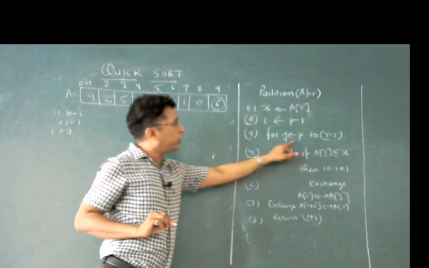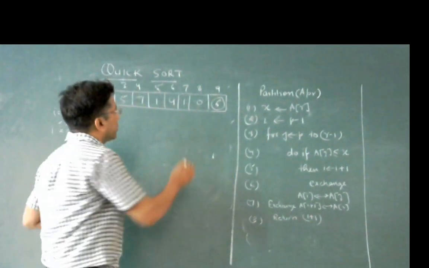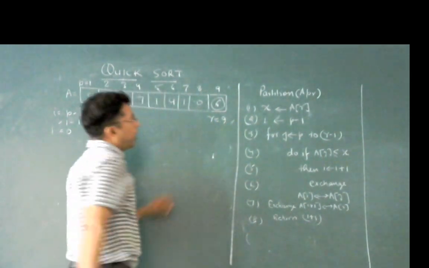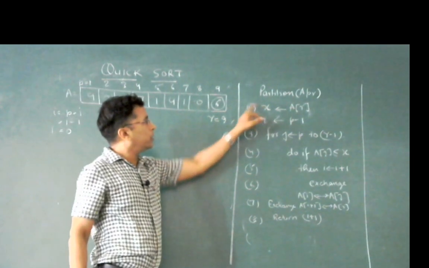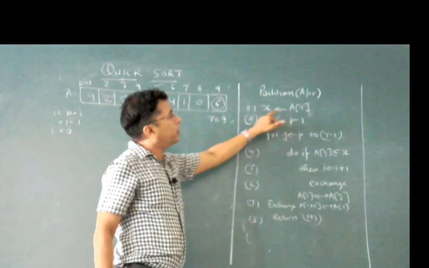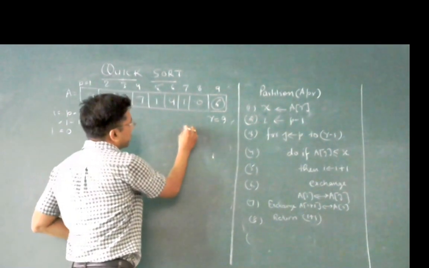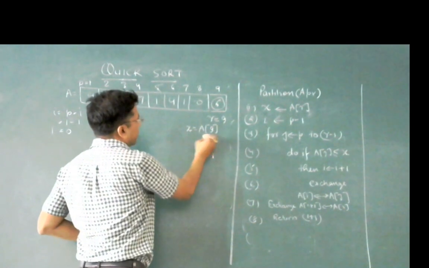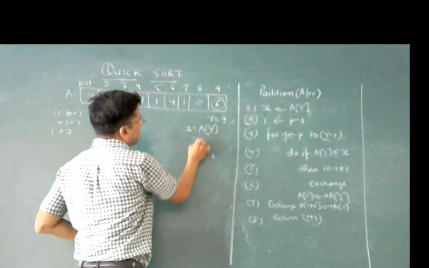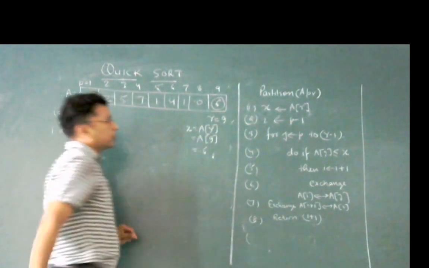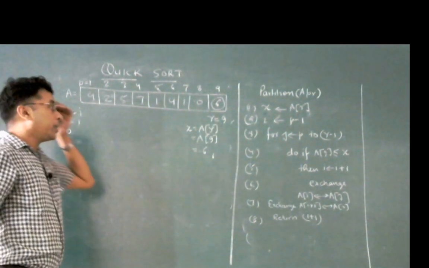And for j = p to r - 1, the value of r is 9. r is 9, and x = A[r], which means A[9]. x = A[r] = A[9] = 6. So x = 6.